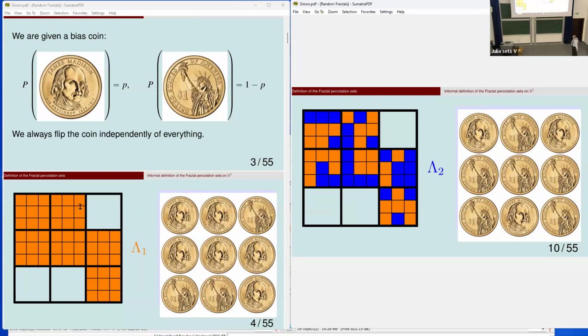is Lambda 2, and you continue this process until either everything disappears, because it's possible: since p is positive but strictly smaller than 1, you may not get so many squares. It's possible that with positive probability you get absolutely no square, and that is what we call extinction.